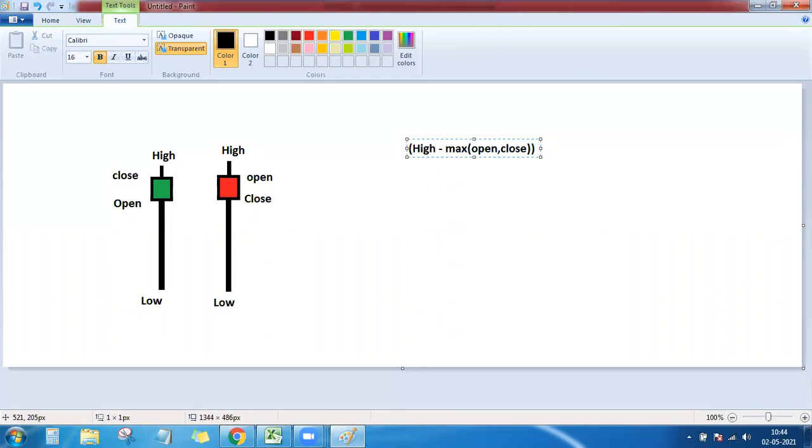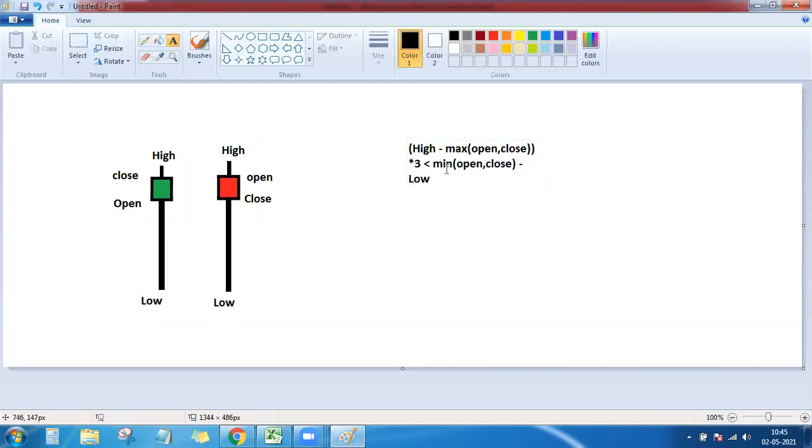So the upper distance, this distance multiplied by 3, it should be less than minimum of open comma close minus low.